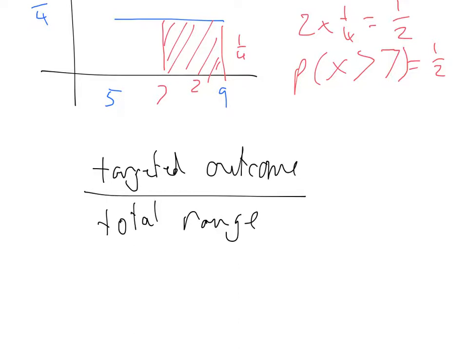So here we have 2 out of 4, 2 out of 4, or 1/2. And it actually works out to be really easy once you get your head around the continuous normal, but you have to do a couple of them so that you start to recognize these sort of problems.